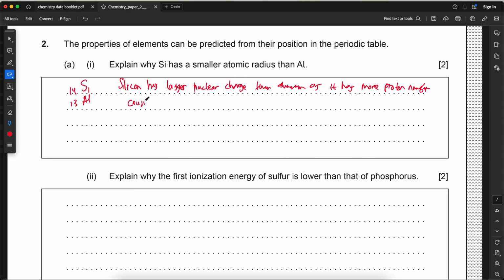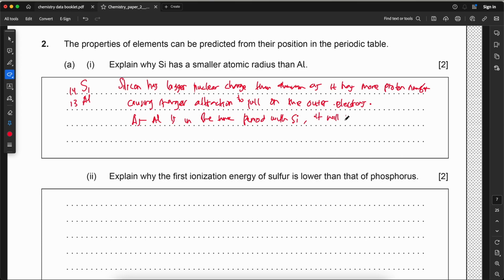causing stronger attraction to pull on the outer electrons, as aluminum is in the same period with silicon.